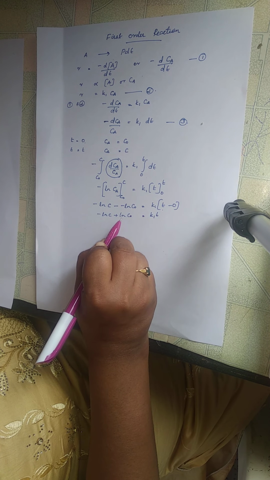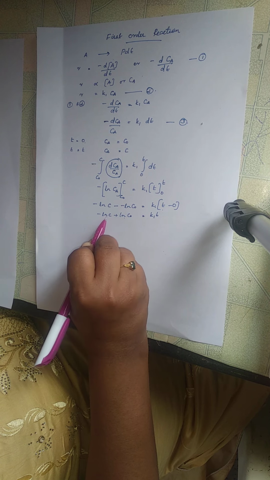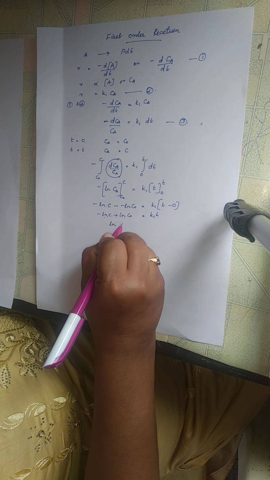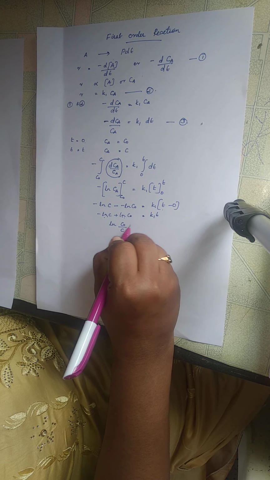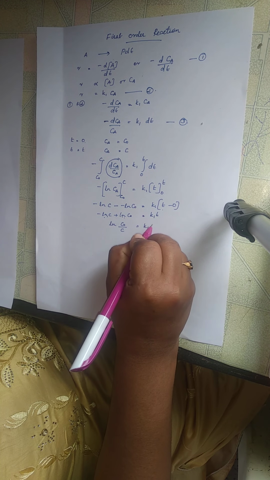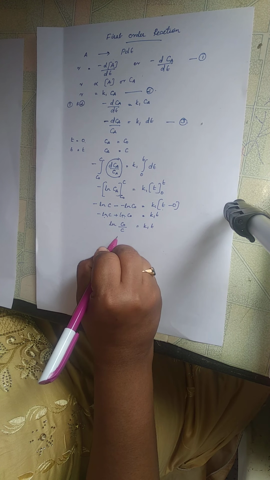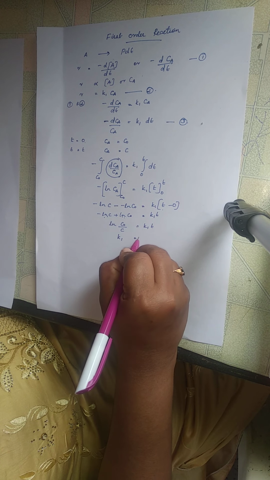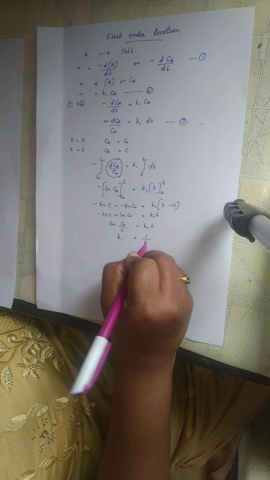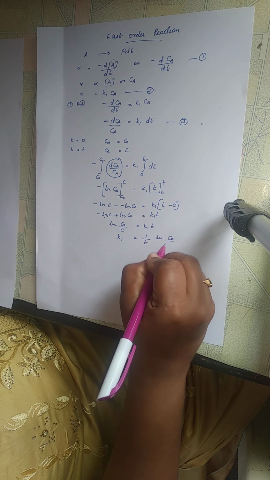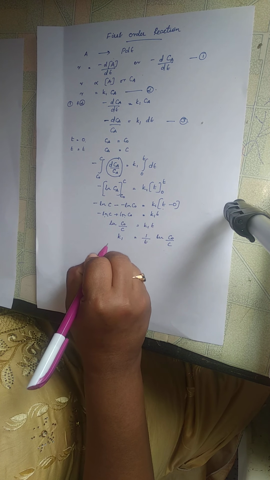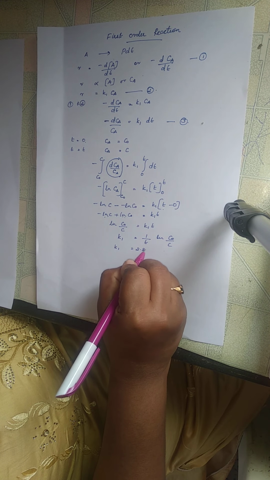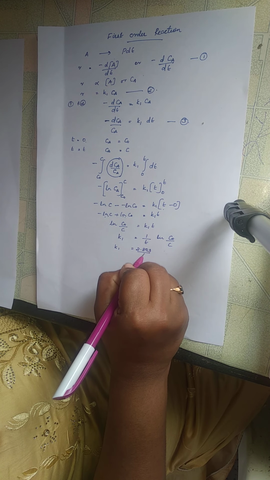This is of the form ln A minus ln B, which can be written as ln A by B. So ln C0 by C is equal to K1 into t. Rearranging the equation, K1 is equal to 1 by t ln C0 by C. Converting to base 10 logarithm, you just multiply this equation by 2.303 and convert ln to log.